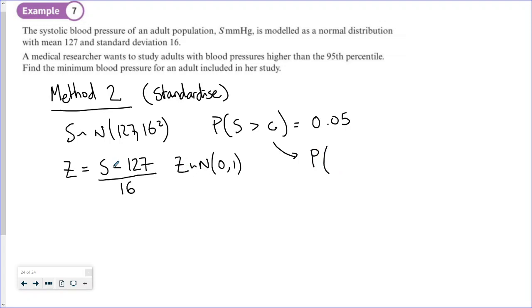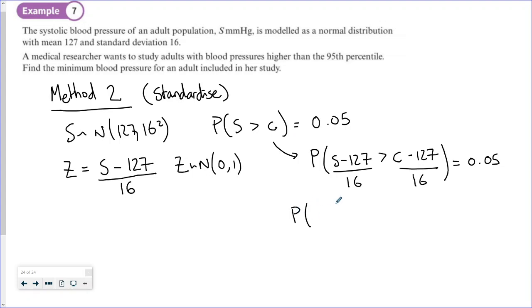So what we're going to do is we're going to take away 127 from both sides of the inequality. And then we're going to divide both sides of the inequality by 16. So we've done the same thing to both sides of the inequality. So this is equivalent to what we had before.